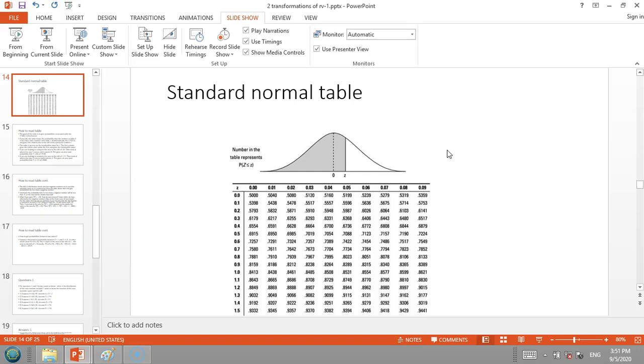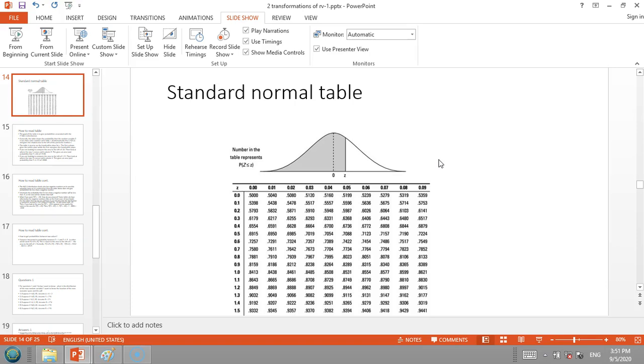So you have to think a little bit. There are also tables that show you both positive and negative. But you'll see, because of symmetry, the negative is 1 minus the positive. So if I just give you the positive, you're able to figure out the negative as well. For example, the probability of the negative z, below this, is 1 minus the probability of the positive z, because the area to the left here is the same as the area to the right here.